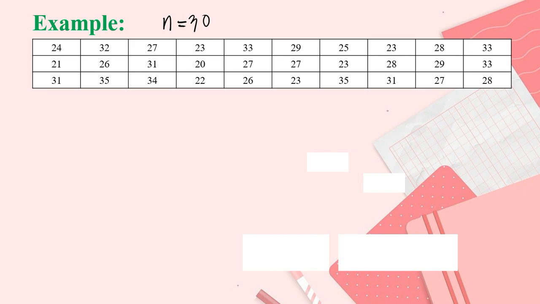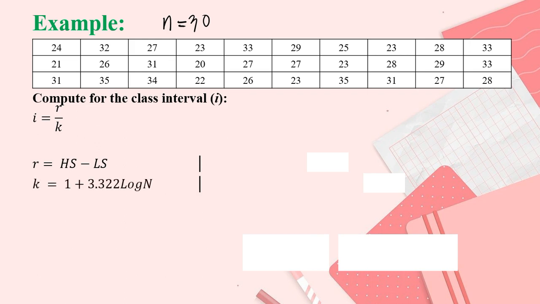Okay, first of all, you need to compute for the class interval, or our i. Again, the formula for i is equal to R divided by K, where R is the highest score minus lowest score, and K is 1 plus 3.322 log of n. So let's start with R. To get R, which we need to get i, take the highest score and the lowest score in your data. So let's look in the data for the highest and lowest.